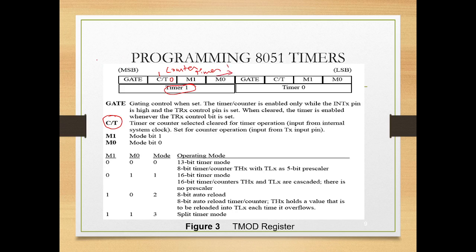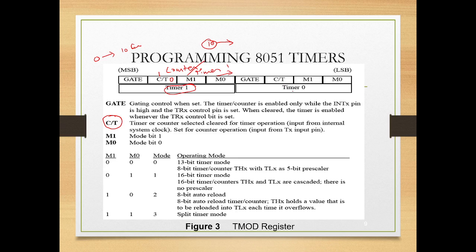A counter starts counting from 0 up to some fixed value, say 10 counts or something like that. Whereas a timer will start from a particular high value and gets decremented. So in this way, the counter and timer function will be there.